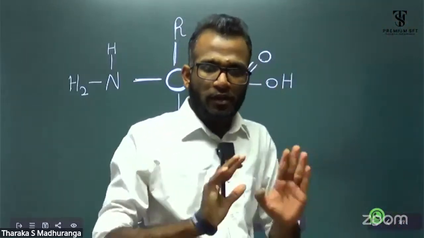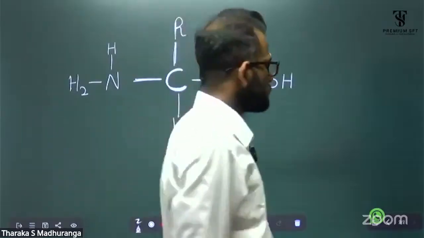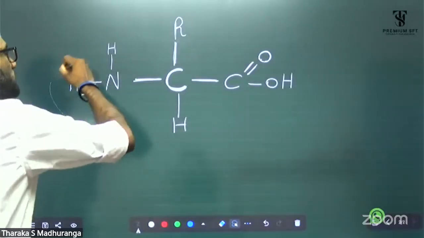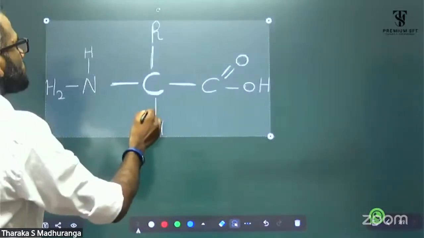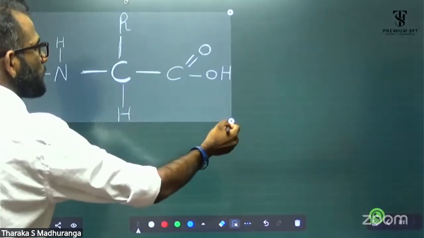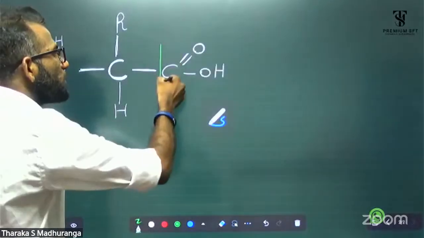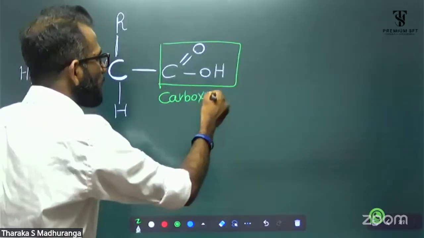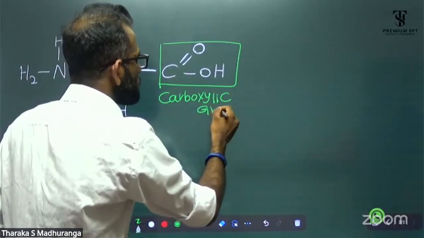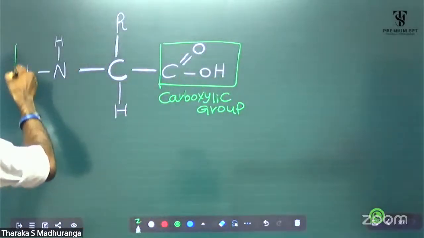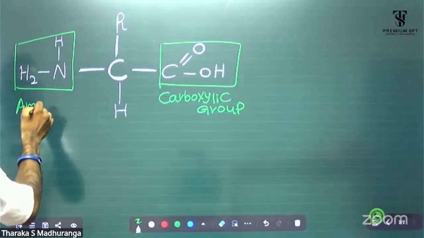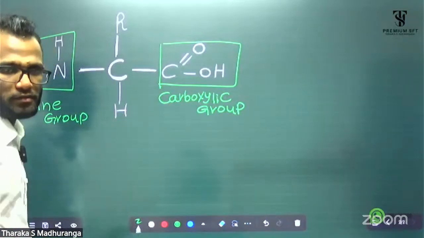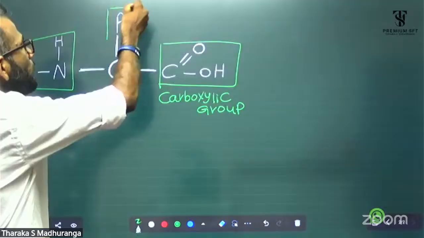This is the common structure of amino acid. This part is the carboxylic group, this functional group is the amine group, this is a hydrogen, and that is important.